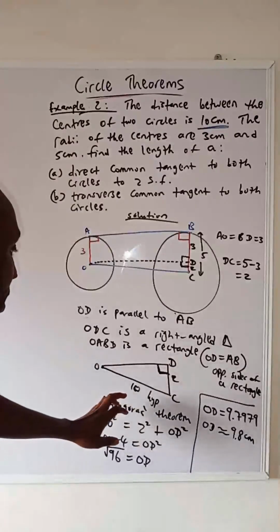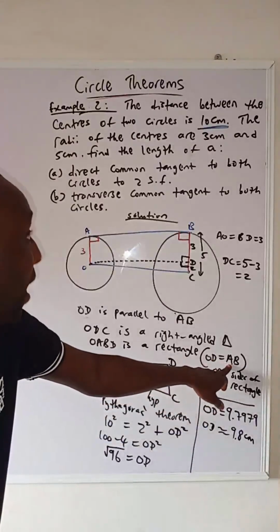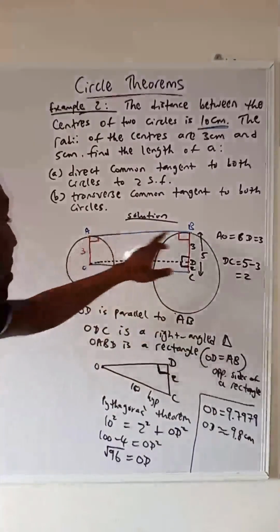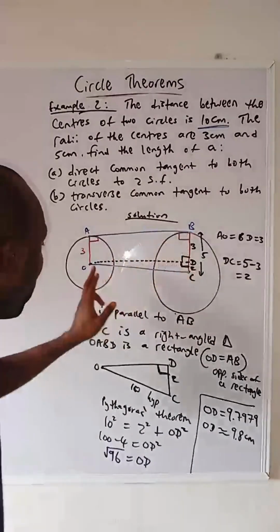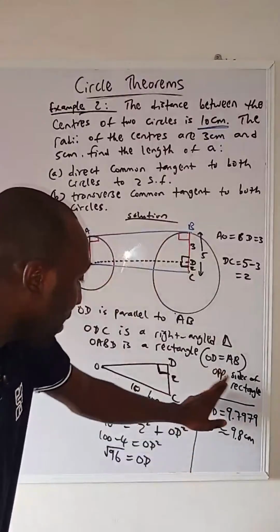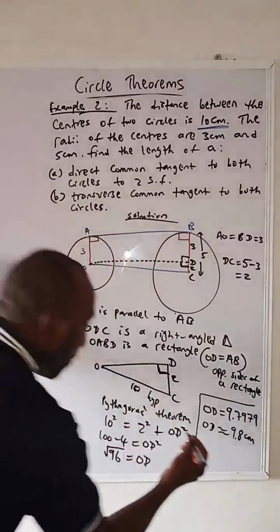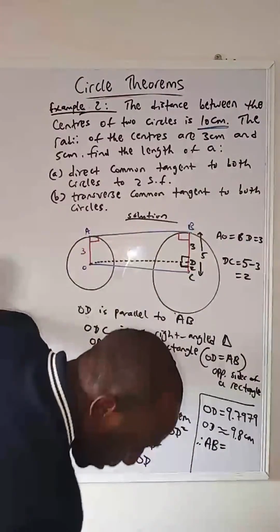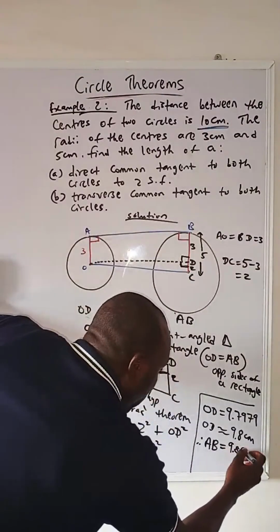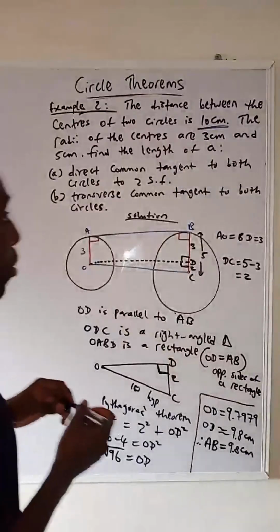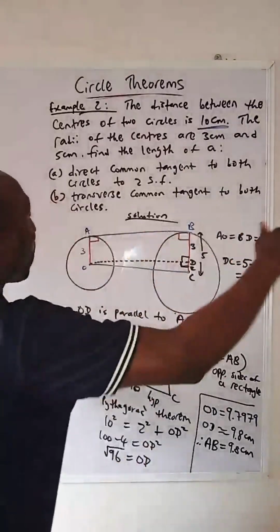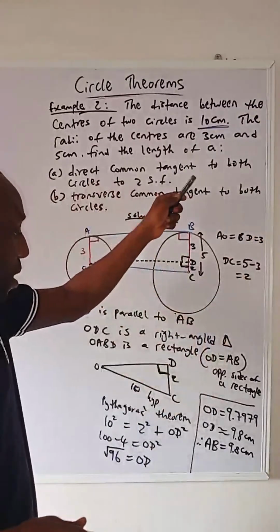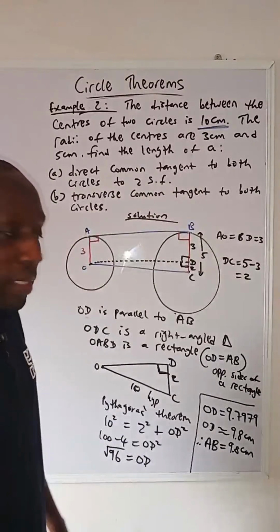OD is equal to AB, and what we're trying to find is actually AB. AB is the tangent. So if you already got what OD is as 9.8, therefore AB will also be equal to what? 9.8 centimeters. And that will bring us to the conclusion that the length of the common tangent is 9.8 centimeters.